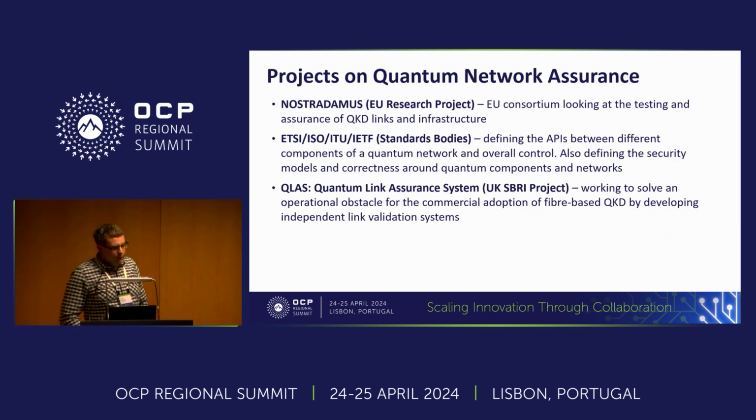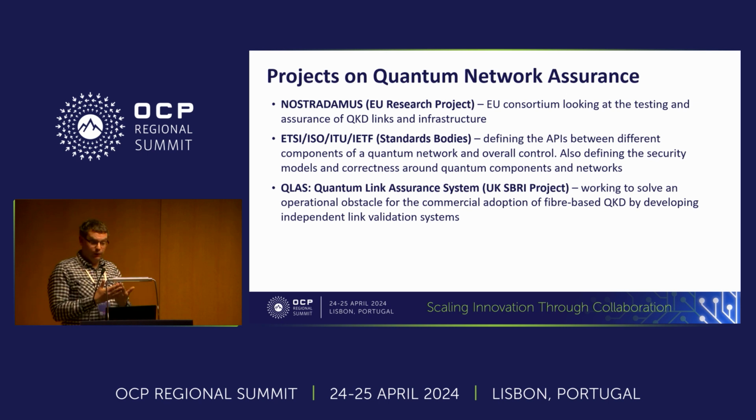And just starting to conclude, there's a number of projects taking place on quantum network assurance. So Nostradamus, which was mentioned earlier, is a consortium looking at the testing and assurance of QKD links and infrastructures. The various standards bodies, ETSI, ISO, ITU, IETF, are all defining those APIs for those different components of quantum networks and overall control.